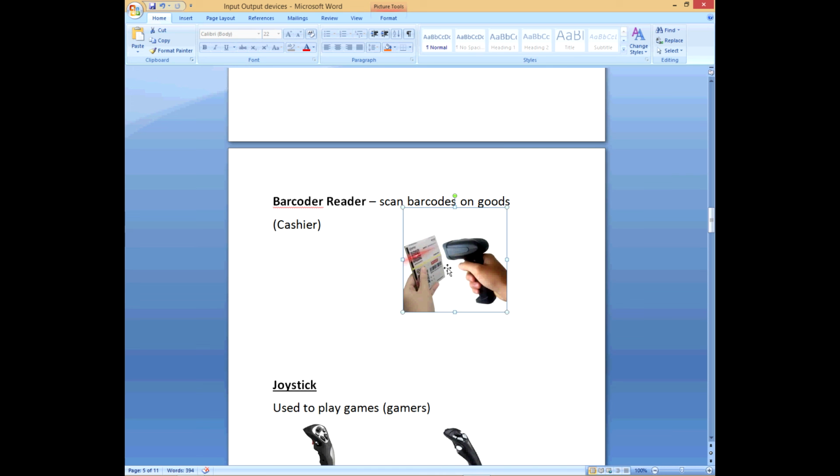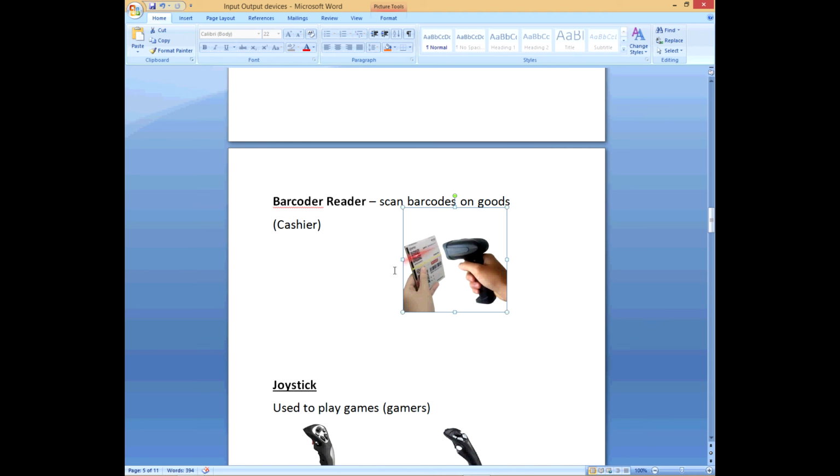So the barcode stores the information about the stock. And each barcode is different. Each baked bean tin would have a different barcode on it. Even though they might look the same to your eyes, it's different when the computer reads it, because it identifies each individual one.